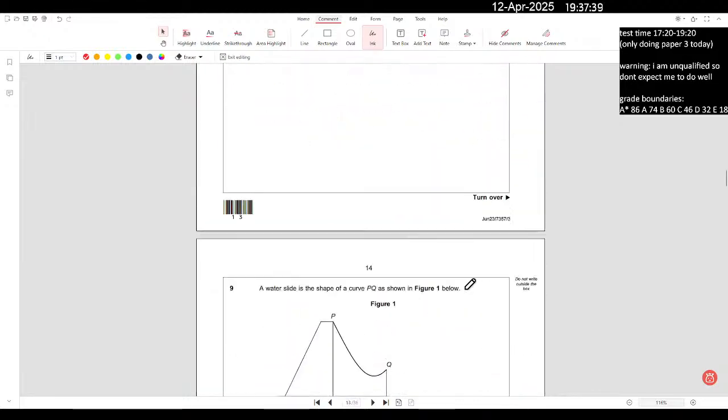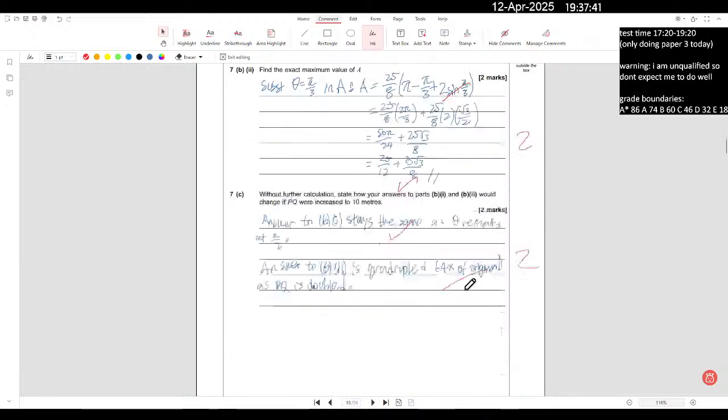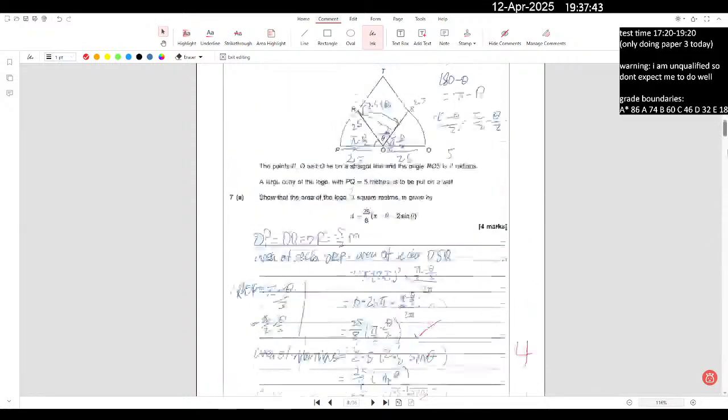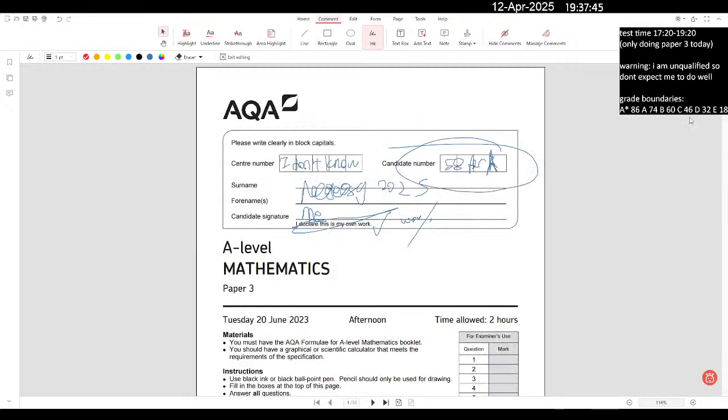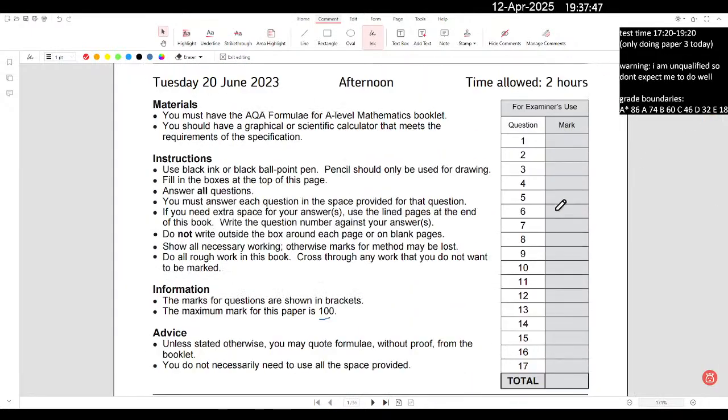So putting that together, let's scroll up to the top, putting that all together for questions 1 to 9. 1, 1, 1, 2, 3, 9, 13, 0, 9, section A out of 50, 39 out of 50.